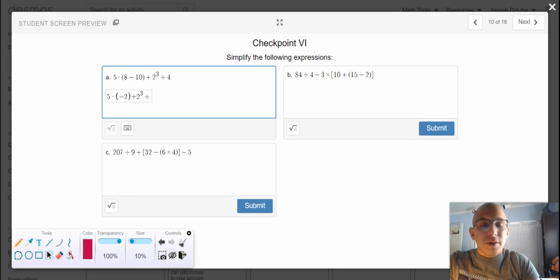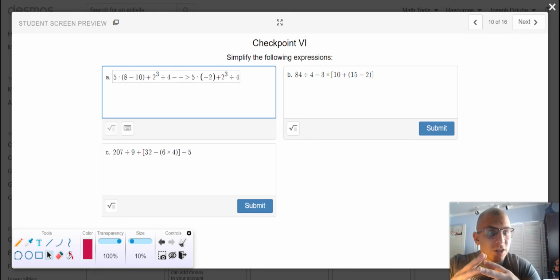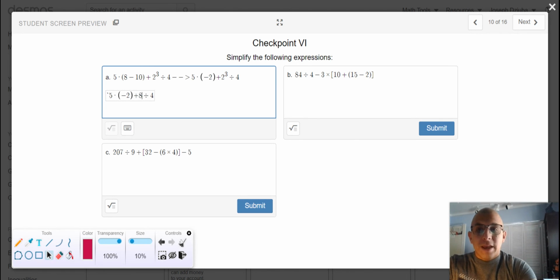Control C would be to copy, Control V to paste. I'm using an arrow here because I'm simplifying the expression, not creating a new equal expression. So at this point, I will simplify my exponent. So that 2 to the third power is going to become 8.